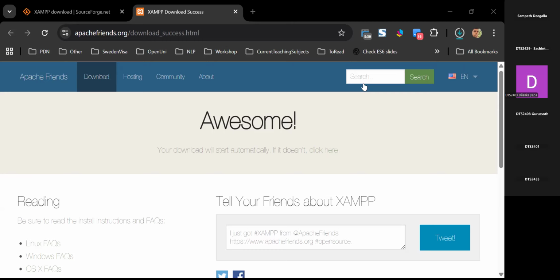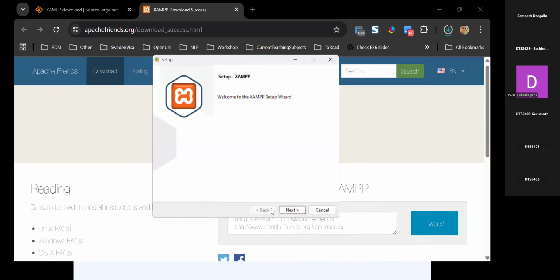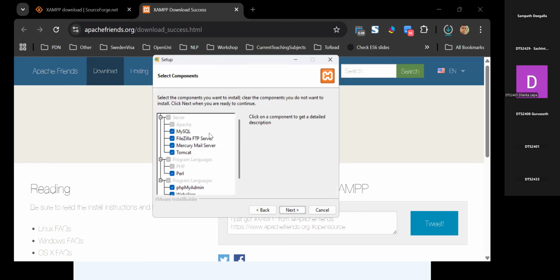In this particular case, let me share the whole screen. Right. Once you double click on the file, you can select the components that you need to install. Actually, you need only MySQL, so you can untick all the others, but some default things will be installed.